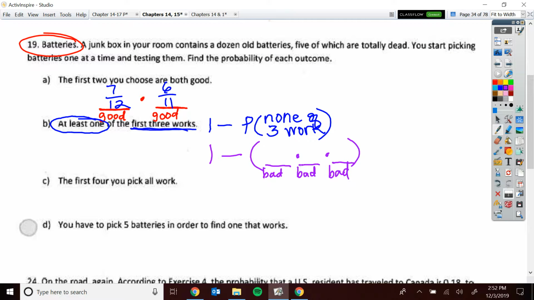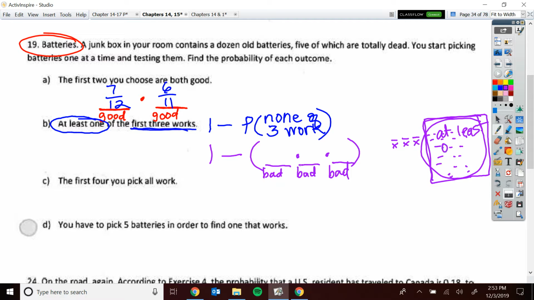So what we did before Thanksgiving is we talked about all of these different ways you can have combinations of three, and I want every single thing except for that one time when none of these three work. Here's all the different ways at least one of them works. That's all of the combinations except for this one case when none of them work.